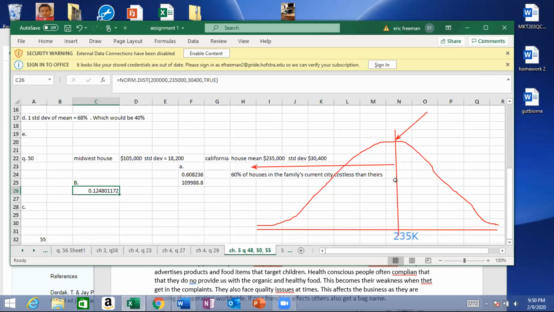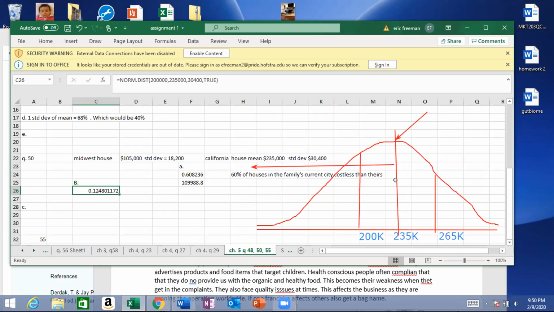So that means that 68% of the data will lie between what and what? 34 and 34%. Between 200 and 265. Where is their house? Their house is at 200.